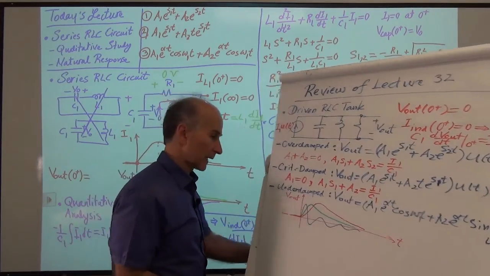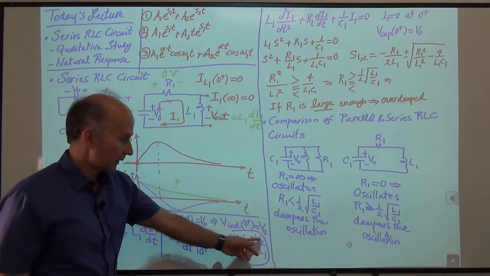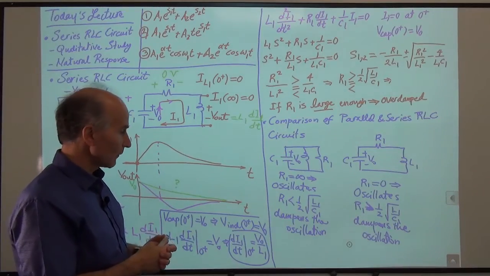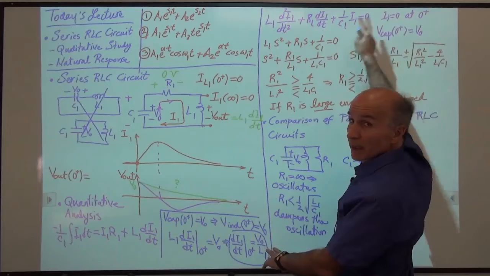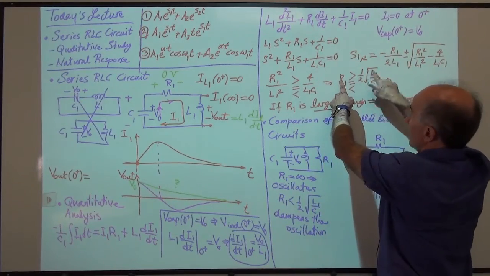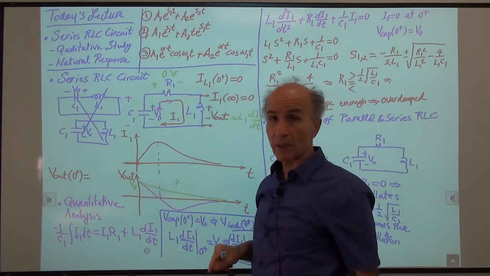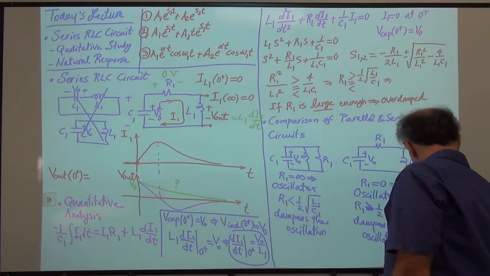Now here we see that di1 over dt at 0 plus is V0 over L1. So based on this equation, and the value of R1 compared with this value, we can select one of these three responses. Let's go to the next page and see what we can do.